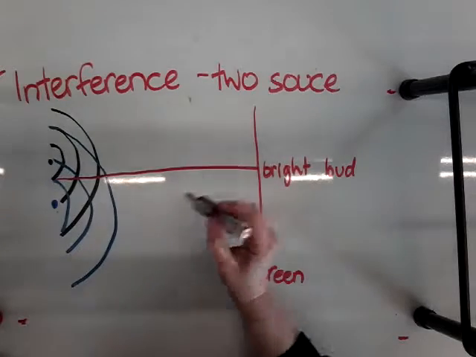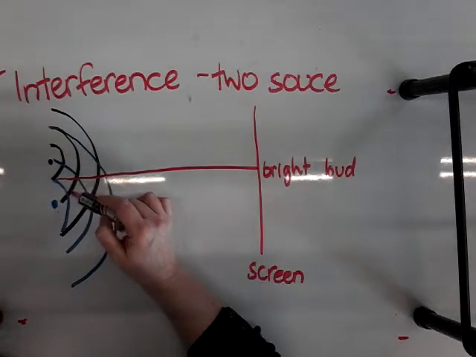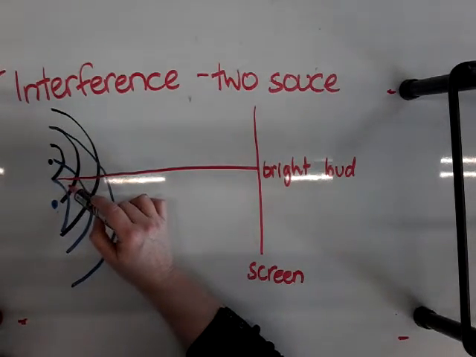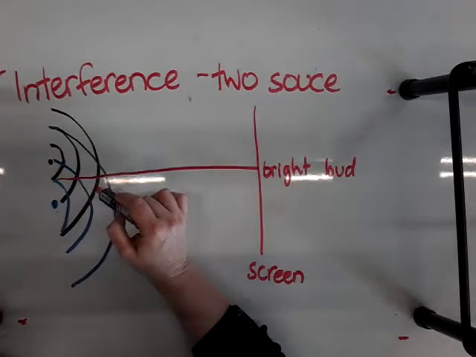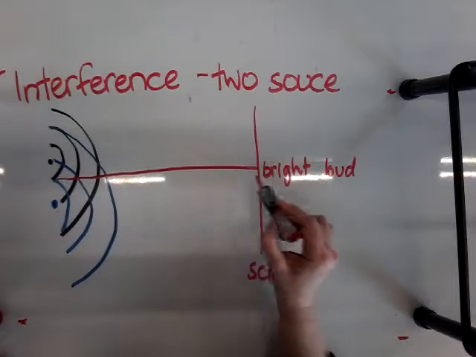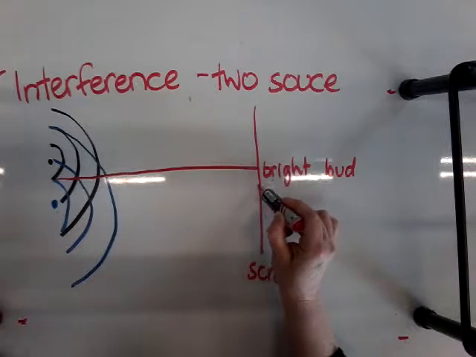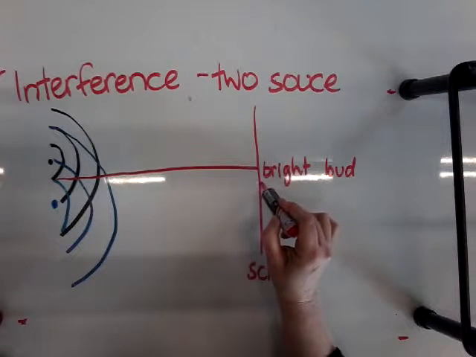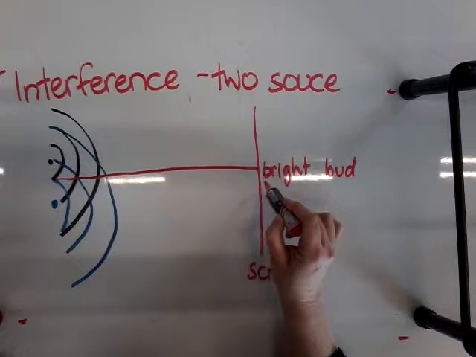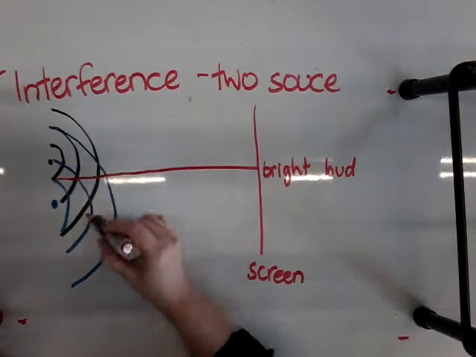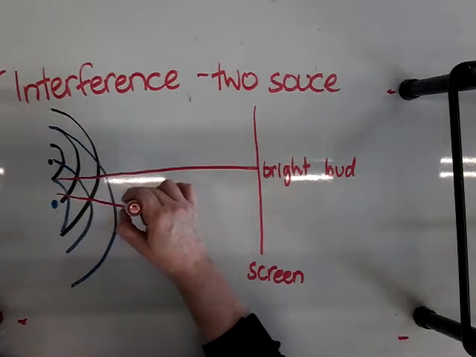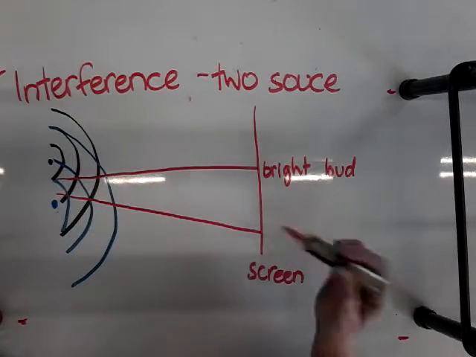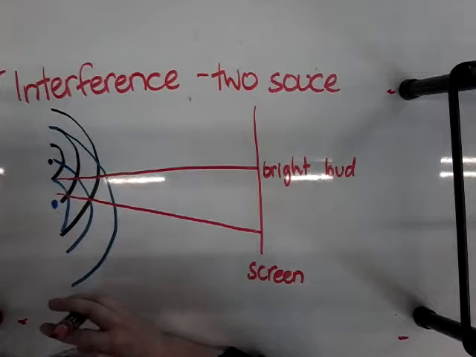So you then get a place where there's destructive interference, where a peak is meeting a trough, and you end up with an area where it's dark or quiet or flat. Okay, and the same thing, if you look out here, you get another place where there's constructive interference, where again it's going to be bright or loud.